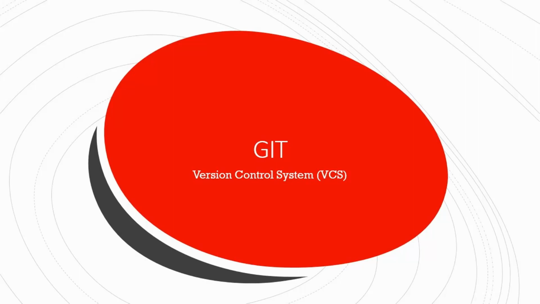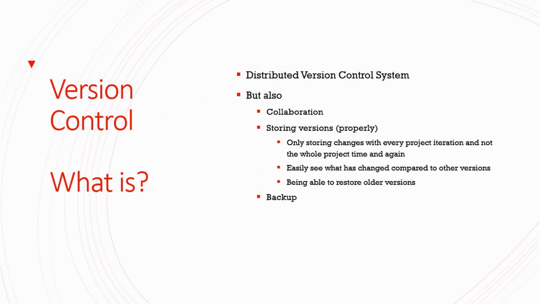And in this video series, we'll be having a look at Git, or a distributed version control system for source code. That's a bit of a mouthful, I know. But what is Git? And more importantly, why do we use Git? Well, there are three main reasons to be using Git as a software developer.